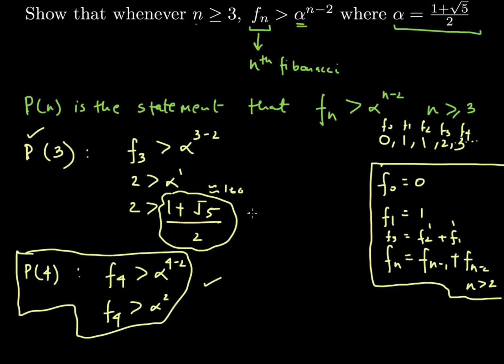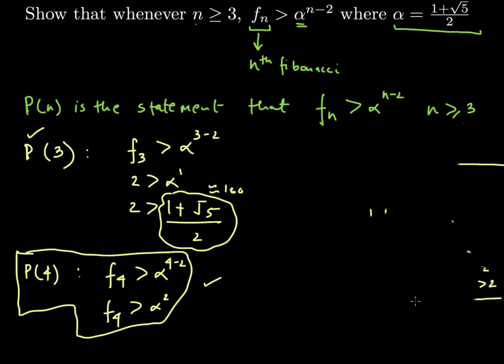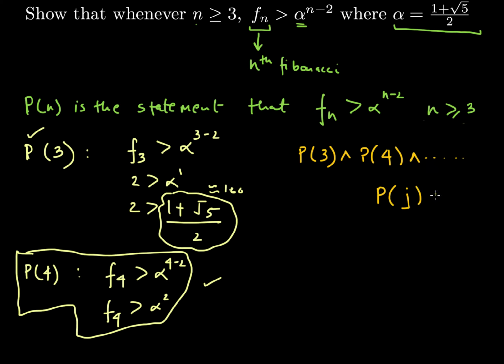All right, now we're going to state an inductive hypothesis. The inductive hypothesis here is that, since I'm using strong induction for this problem, what I know is that P of 3 and P of 4 are true, and this is true for all of these j's that go up to P of k.